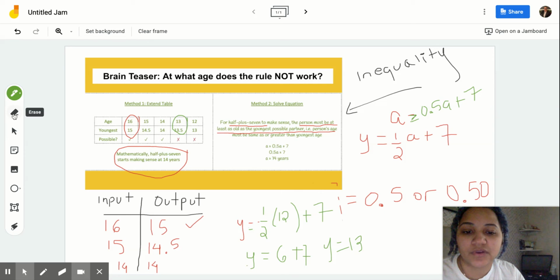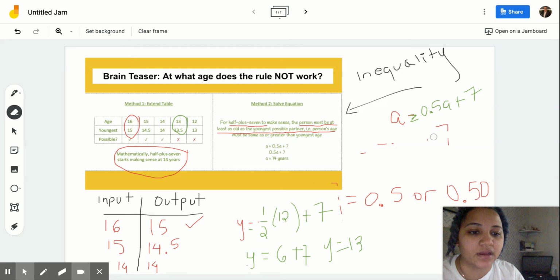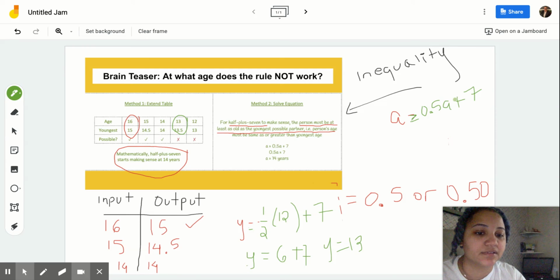Now, when we try to solve this, we want to get A by itself. This is going to tell us the youngest possible age that this could work for, and the way that we solve it is by getting A by itself.